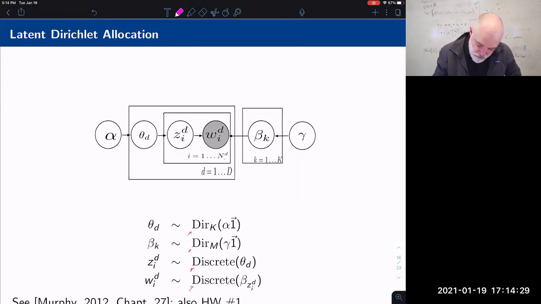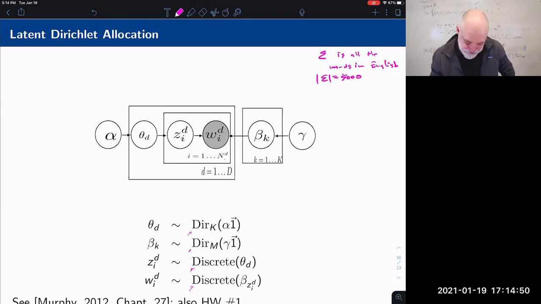cool. So let's say that we have some vocabulary. Sigma is all the words in English. Let's just say that the cardinality of that is 5,000, something like that, okay? Cool. And let's say we have a number of documents, okay? And what's a document? A document is a collection of words.